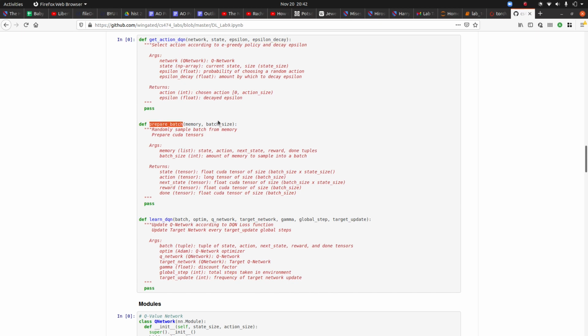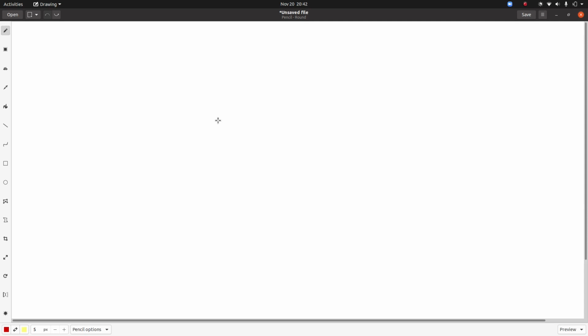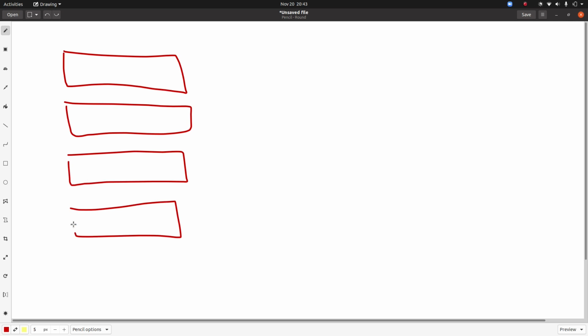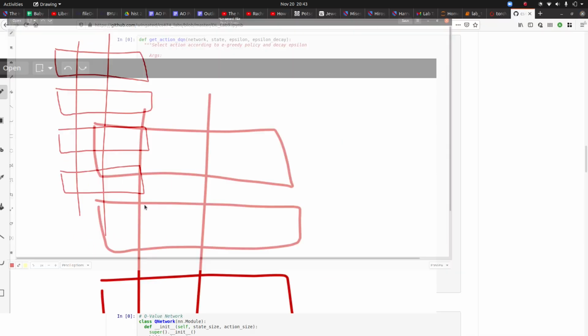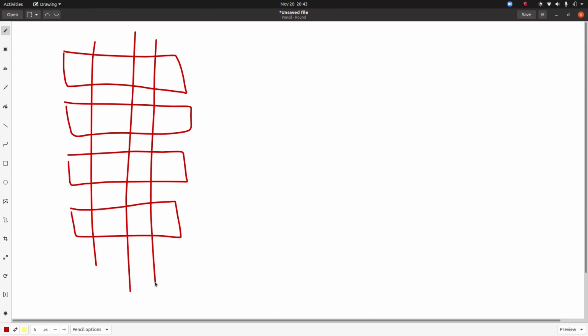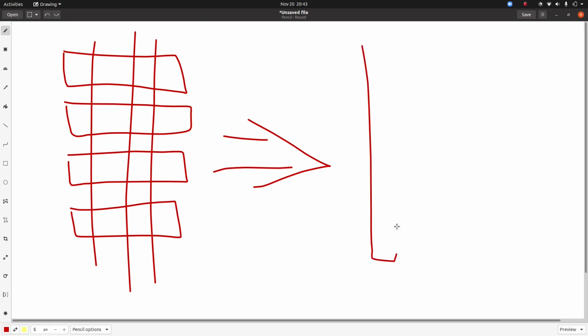Prepare batch is also very simple. You're going to be given a list of tuples that come like this, and you're going to break the elements up this way and turn it into a series of tensors that look like this instead.